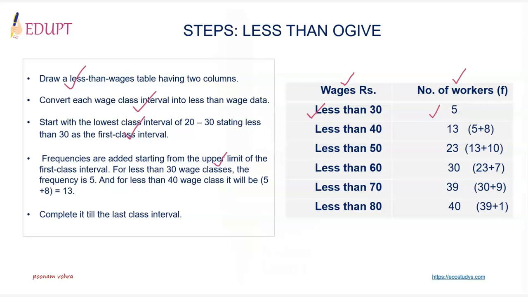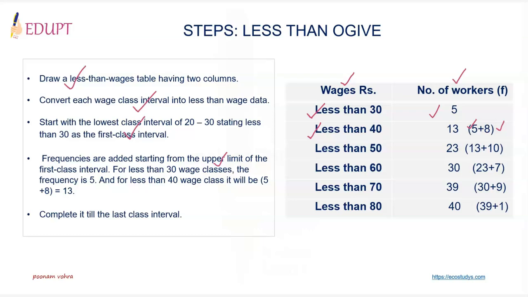Thereafter, you need to find by adding the subsequent frequencies. In the second case, less than 40, you need to add 5. That is the number of workers which were in the class interval category of 20 to 30 plus the number of workers which were in the category of 30 to 40. So it is 8.